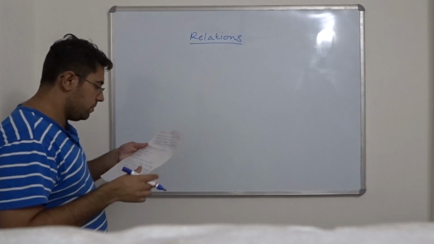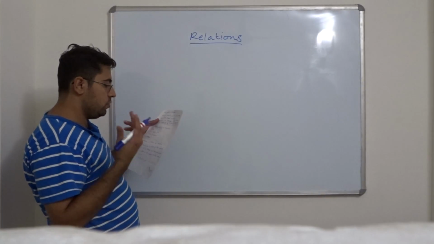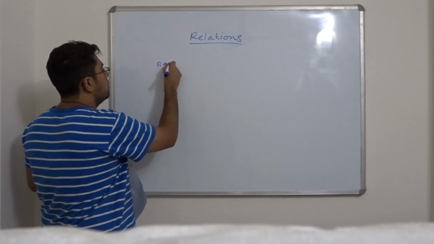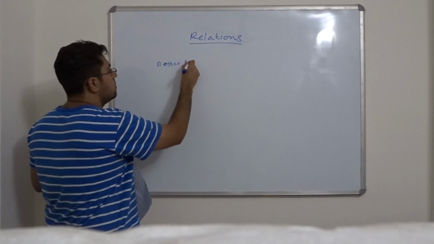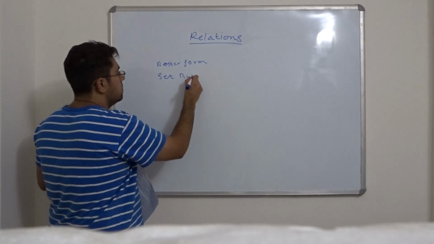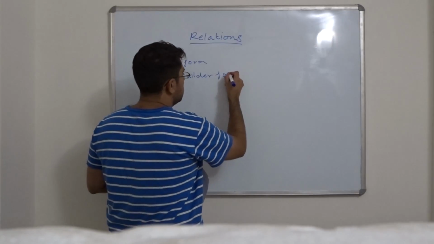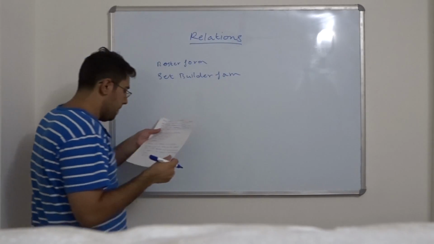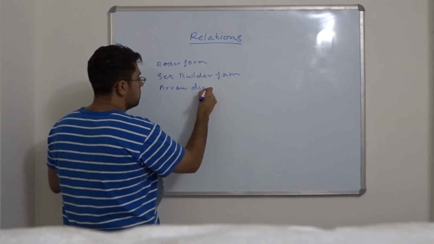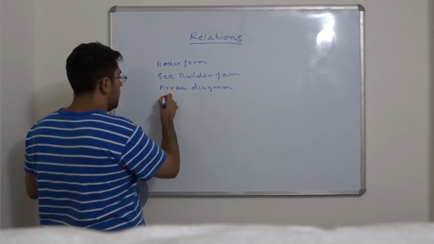Let's talk about in how many ways you can represent a relation. So guys, a relation can be represented in roster form, set builder form, arrow diagram, and lattice.